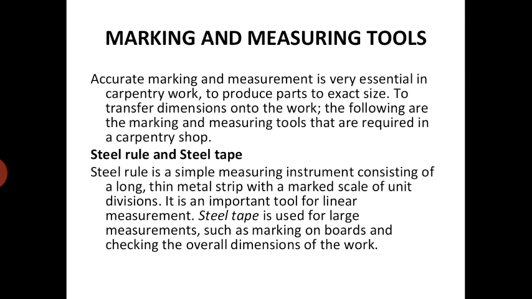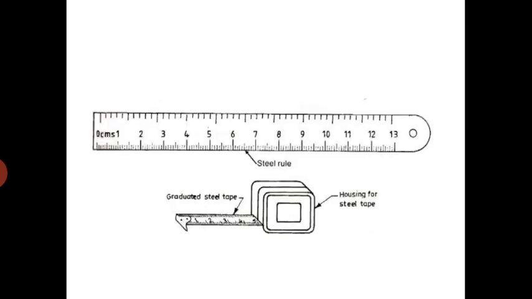First one is steel foot rule and steel tape. Steel rule is a simple measuring instrument consisting of a long thin metal strip with a marked scale on it. Steel tape is used for large measurements such as marking on boards and checking the overall dimensions of the work. So these are the pictures of steel foot rule and steel tape.